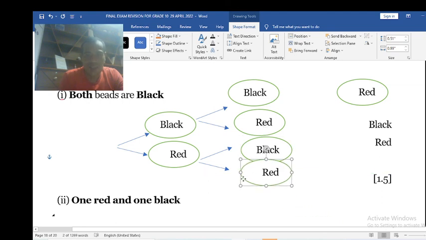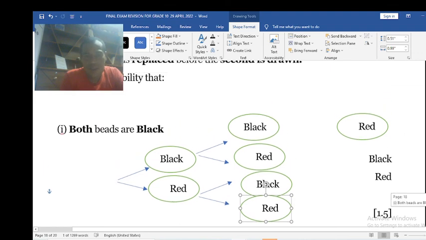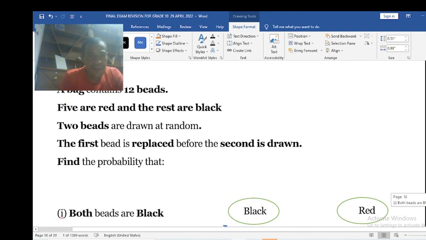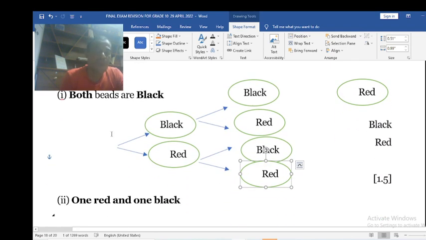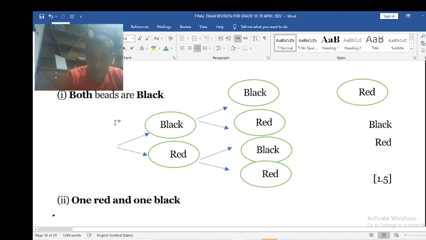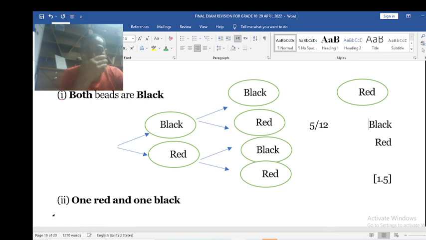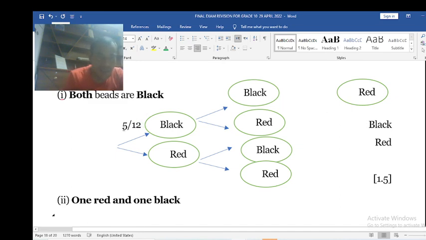Clear? Okay, the probability of getting black: we said how many blacks are there? How many blacks? 5 are red. Okay, 5 are red. I will make here 5 divided by 12. This is red. The reds are 5 and the blacks are 7.